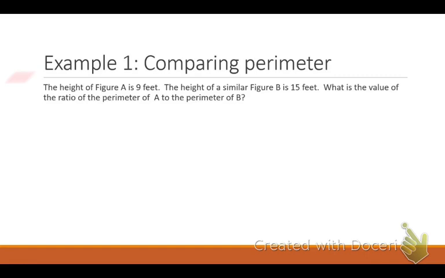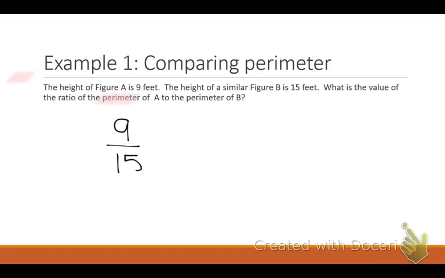What is the value of the ratio of the perimeter? So there's my perimeter of A to the perimeter of B. So I'm going A to B. How can I put that into a fraction? It didn't say B to A, it said A to B. So how can I put that into a fraction? Michael? 9 over 15.